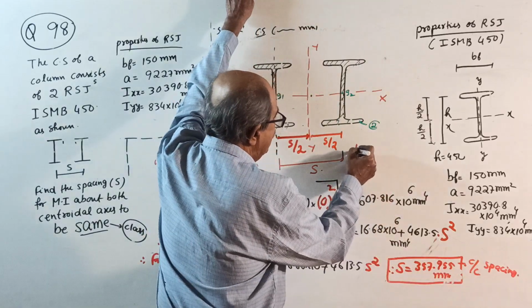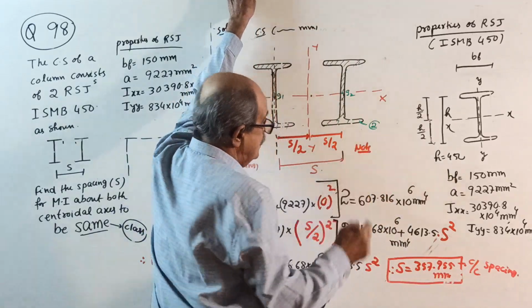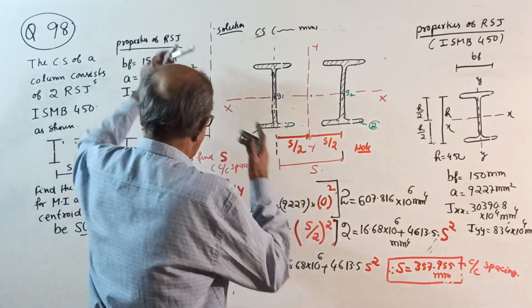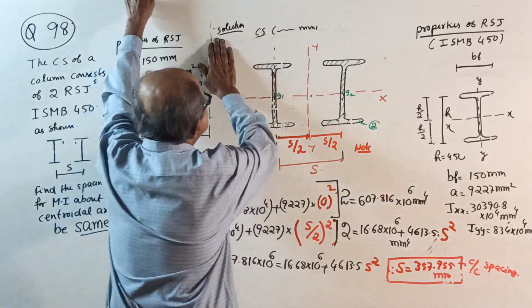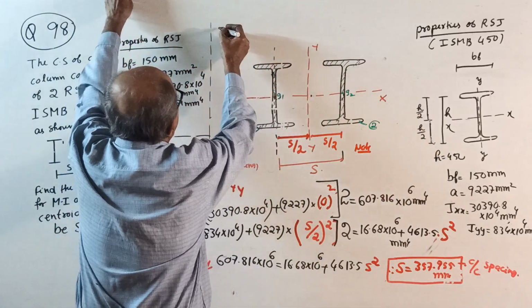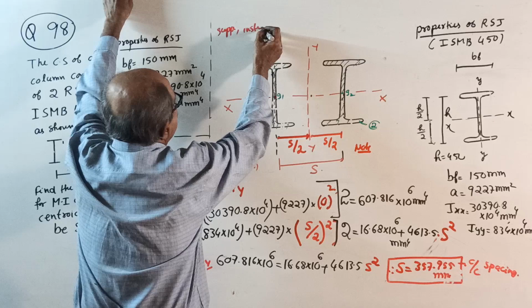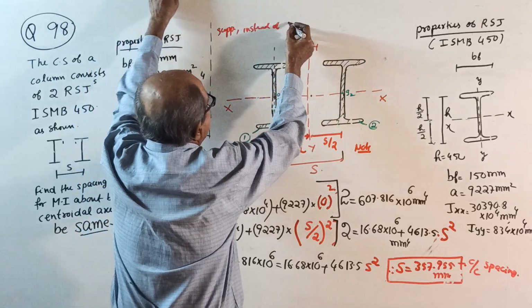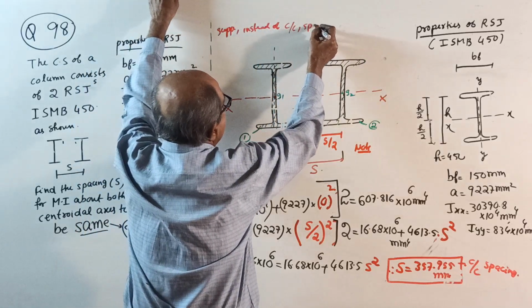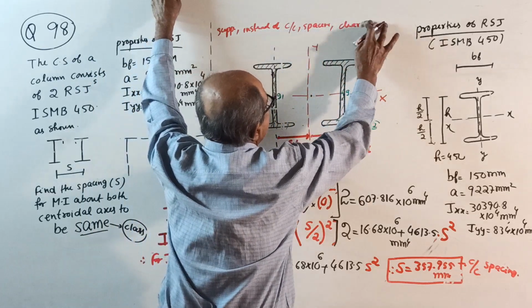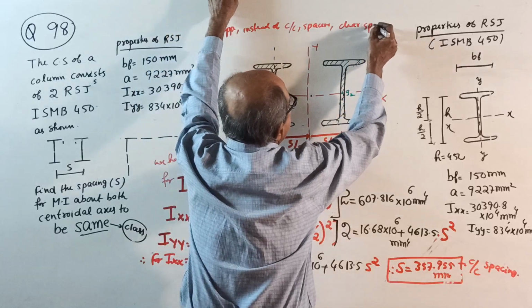Now make a note. You make a note after everything is over. Okay, everything is over now. See, now make a note somewhere. Suppose instead of center to center spacing, clear spacing is required.